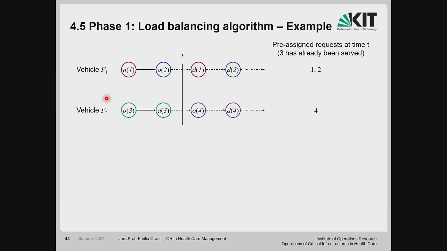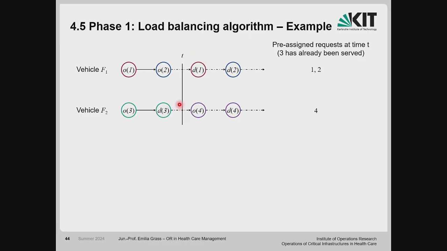And we have a second vehicle, and this vehicle picked up the third patient and already delivered the third patient. So at time T, vehicle 2 is free, okay? So we have 3 patients or 3 requests that have already been served. Okay, so this is done. We cannot change that anymore, because this is assigned and we know that they will be picked up.